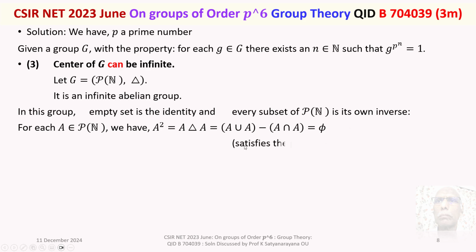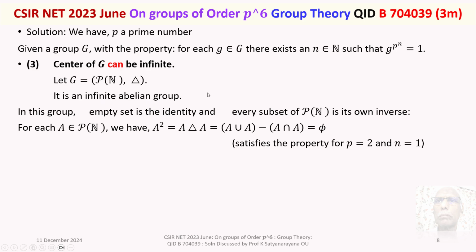So here it satisfies the above property: for each g belonging to G, there exists an n belonging to N such that g power P power n is the identity. Here P is 2, n is 1. Therefore it satisfies the above property, and it is an infinite abelian group.